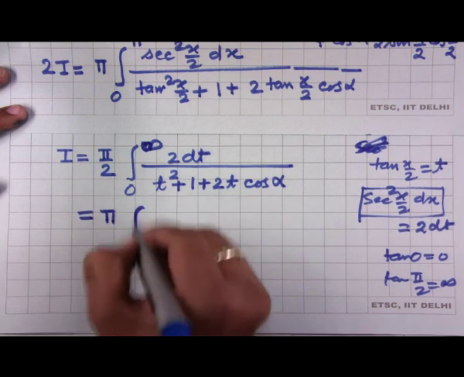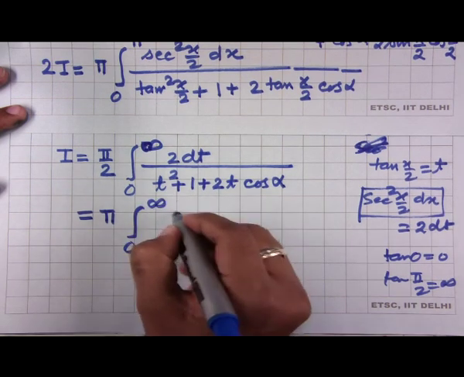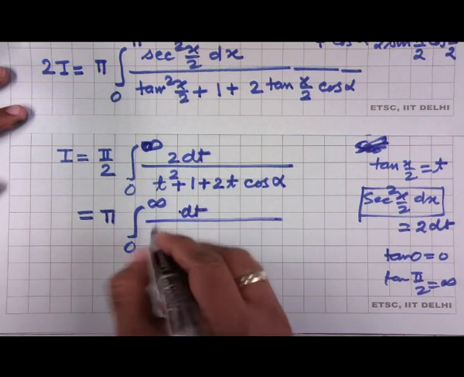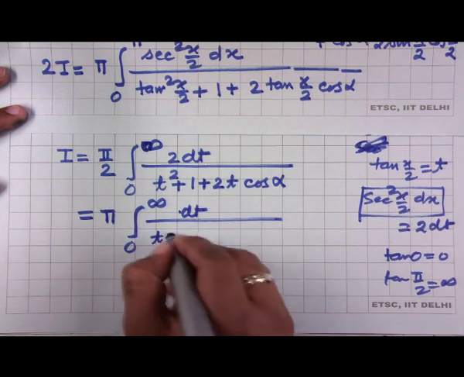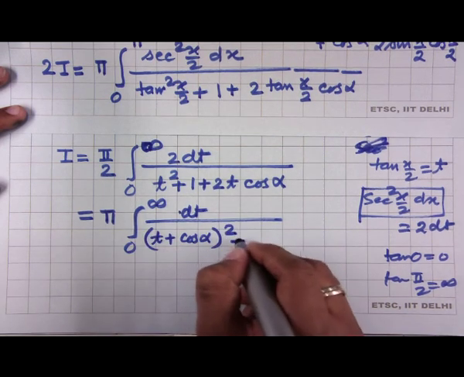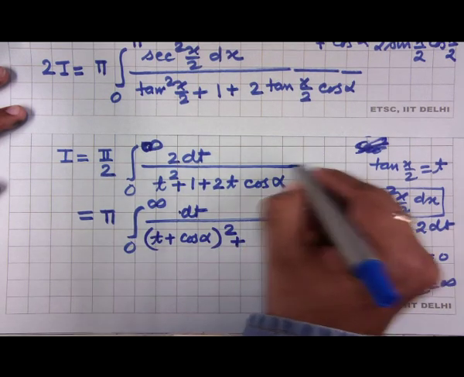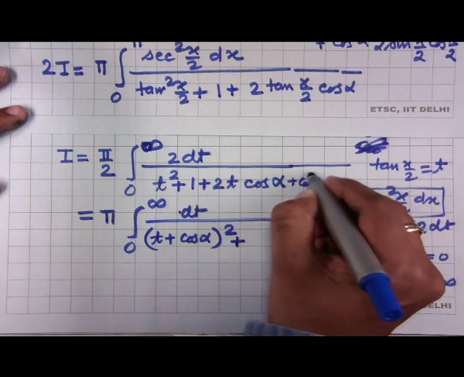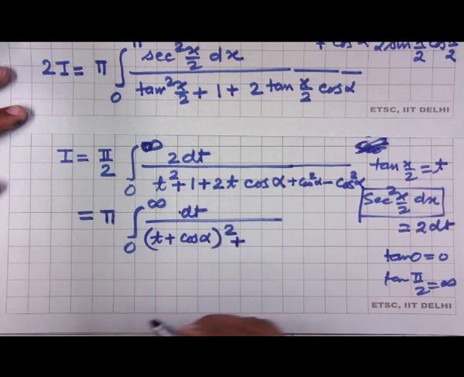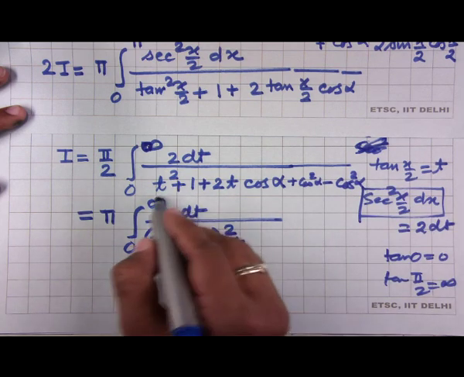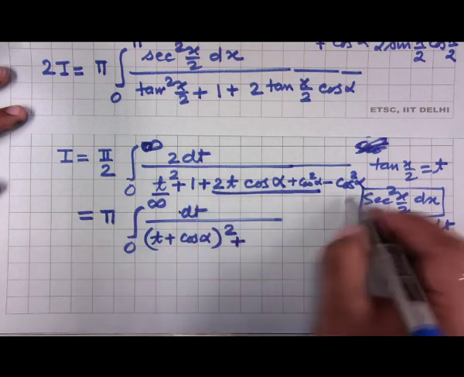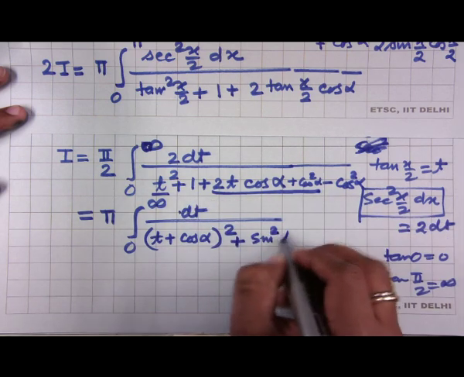This we can write as t plus cos alpha whole square. So we have to add cos square alpha and subtract cos square alpha. So this together will give you t plus cos alpha whole square, and 1 minus cos square alpha is sin square alpha.